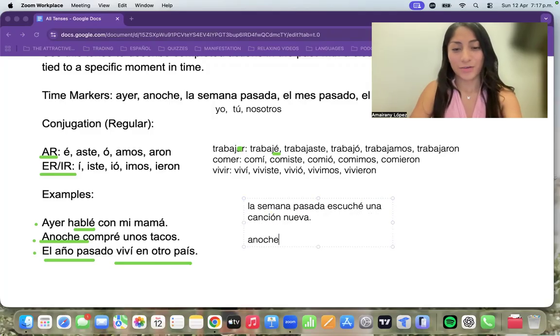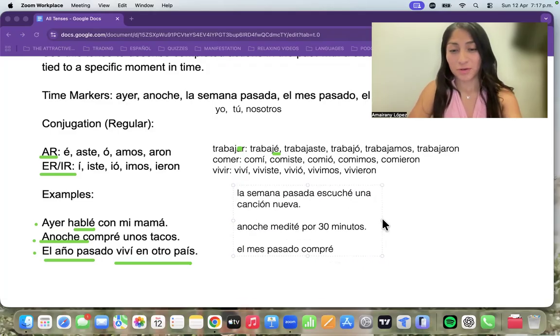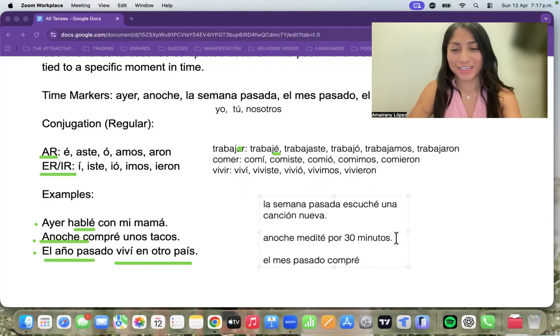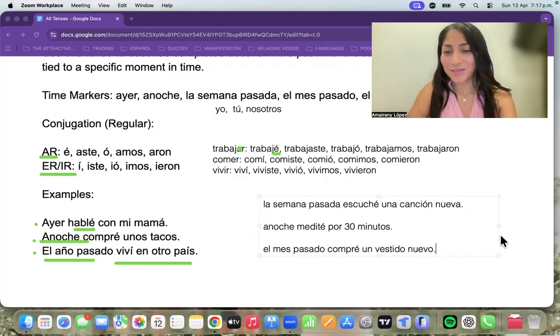Anoche medité por 30 minutos. And el mes pasado compré, no lo sé, compré un vestido nuevo. ¿Qué?